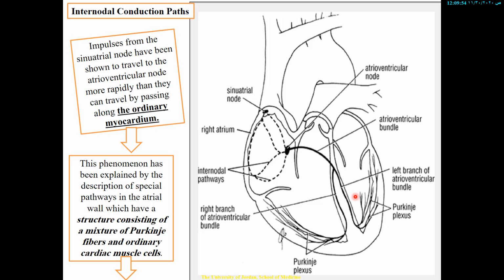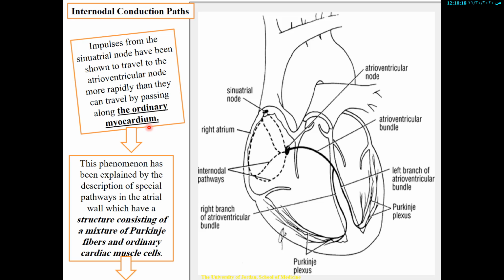Finally, scientists have noticed that impulses from the SA node have been shown to travel to the atrioventricular node, so from the SA node to the AV node, more rapidly than they can travel by passing along the ordinary myocardium.